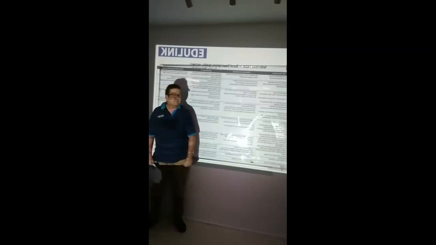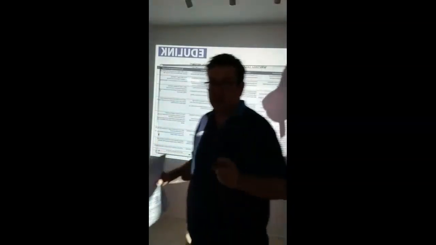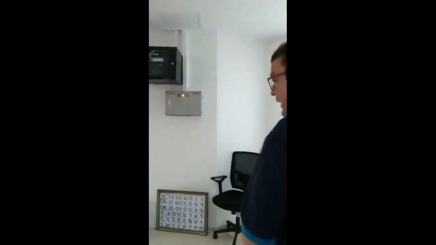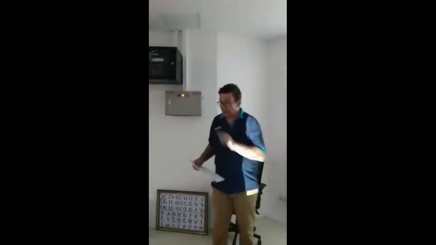Okay, so what I want to look at here is how to get a better score in the two parts of the test that you can actually improve. And that would be the task achievement and the coherence and cohesion. Now, 4 categories, 4 criteria.